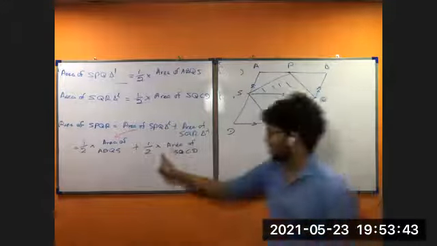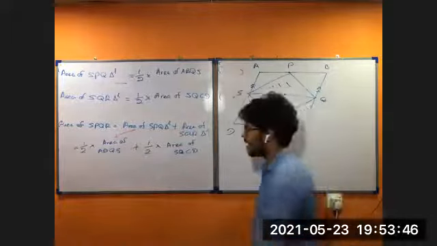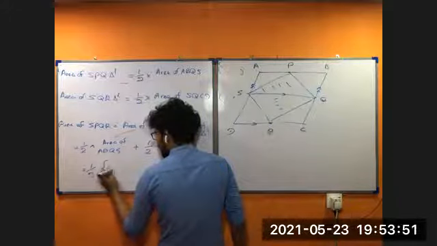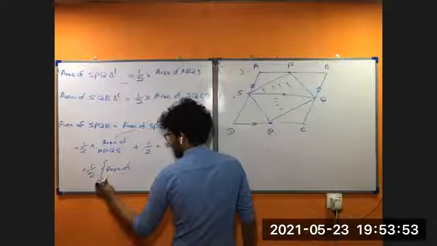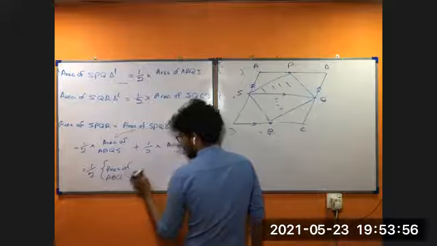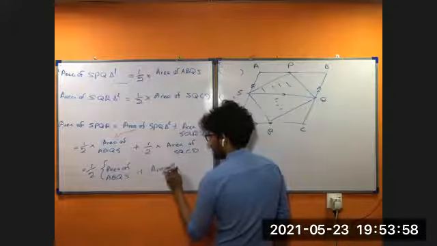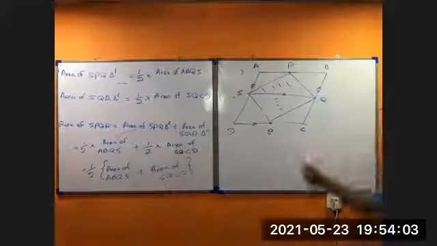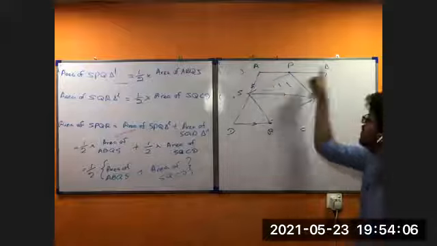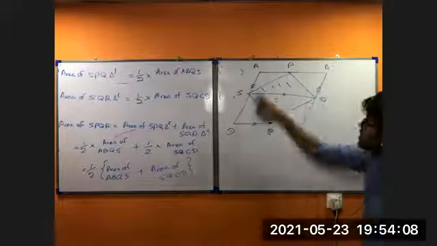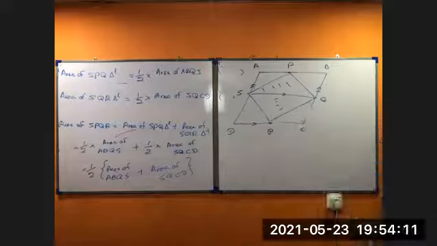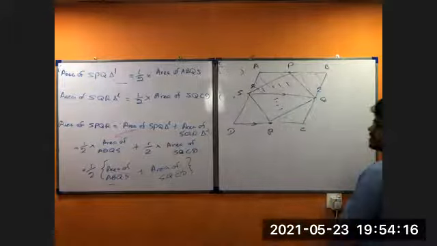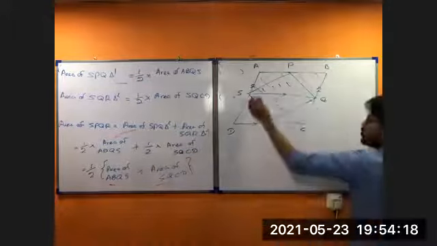So now let me take this half outside. Half is common, right? So if you take half outside, what do you have? Area of ABQS plus area of SQCD. Area of ABQS means this part, and area of SQCD means this part.